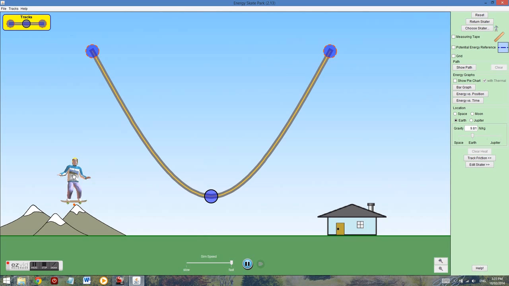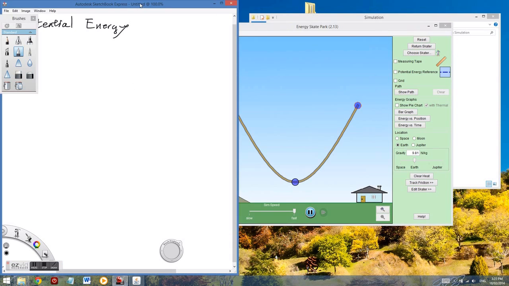I need to use energy to overcome the effect of gravity. I'm holding it and pulling it against gravity. So the higher I'm holding it, the more energy I need to use. The idea is if I release it, the energy will be released. So we call this energy gravitational potential energy.